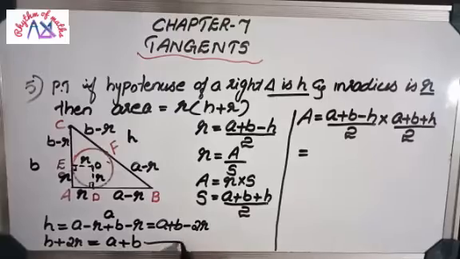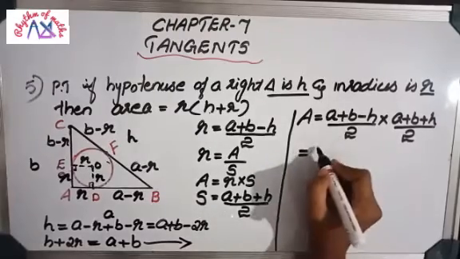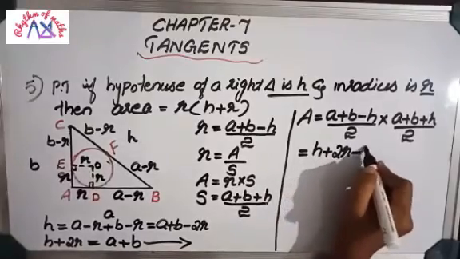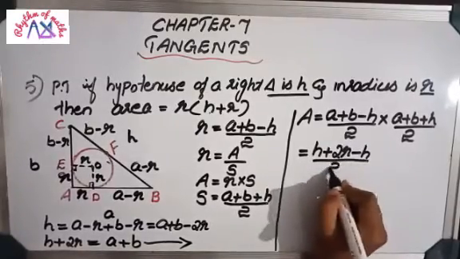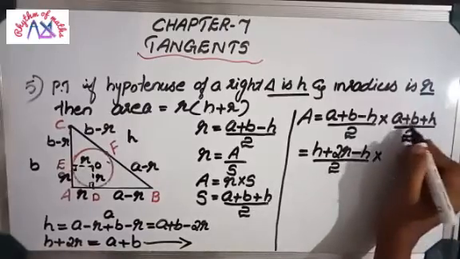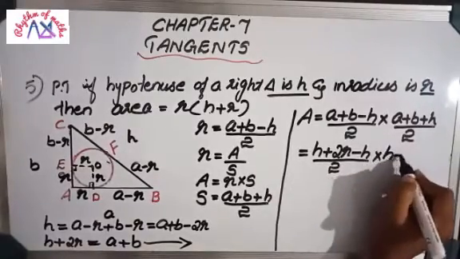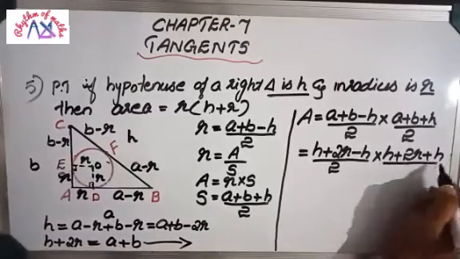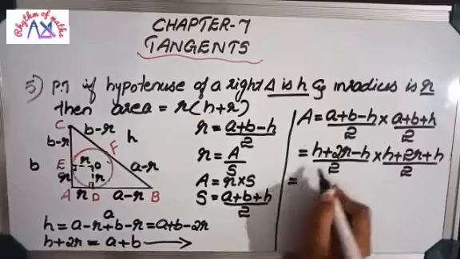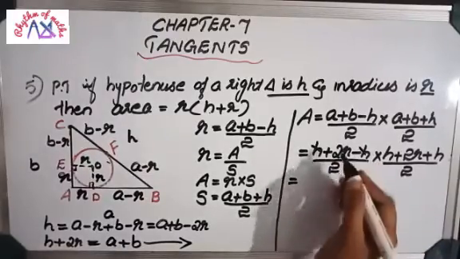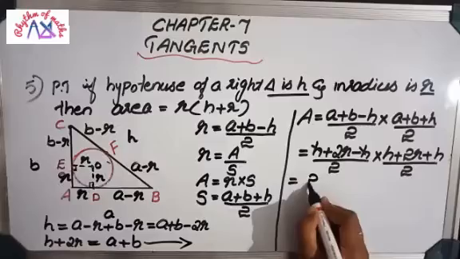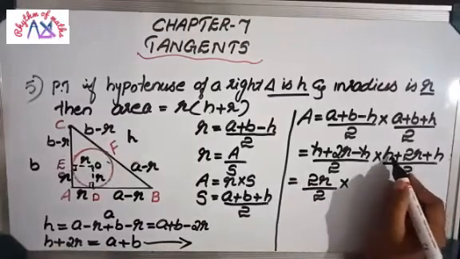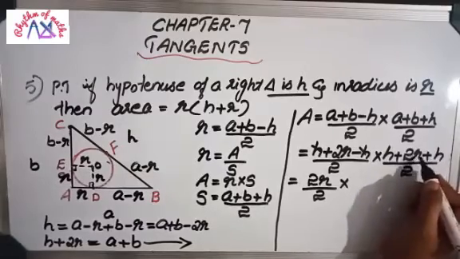From here we can write: H plus 2R minus H, whole divided by 2, into H plus 2R plus H, whole divided by 2. Now here H and minus H we can cancel. So remaining is 2R by 2 into, next, H plus H, that is 2H, so 2R plus 2H.